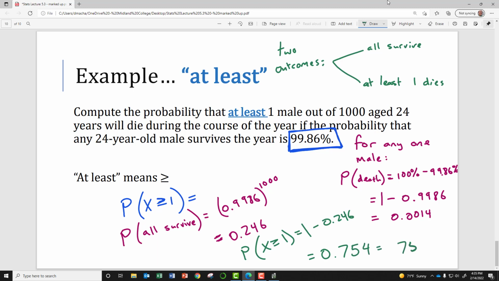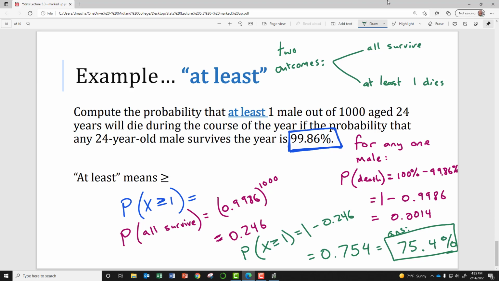Or 75.4%. Okay. And this is our answer right here, in percent, as a probability. And this is maybe a little bit interesting as a question, a little bit morbid too, but you think the chance of any 24-year-old male surviving the year is pretty high, like 99.86%.